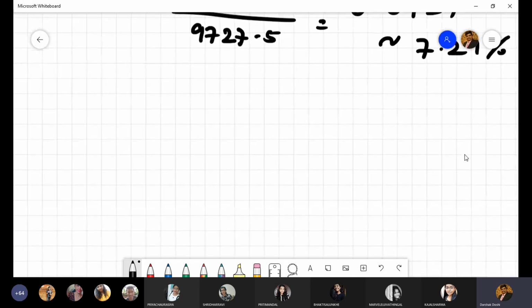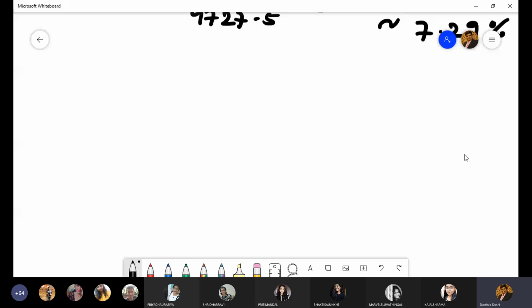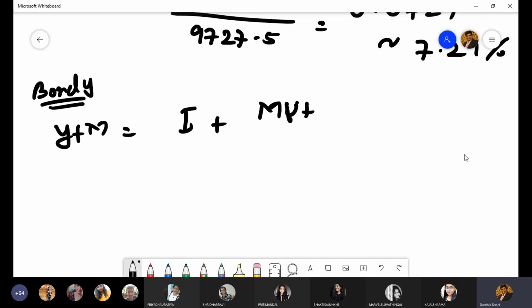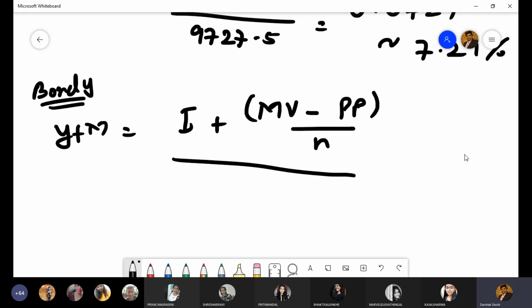Now we will write down the formula for YTM of bond Y. YTM is equal to interest plus maturity value minus purchase price divided by N, the whole divided by maturity value plus purchase price divided by 2.